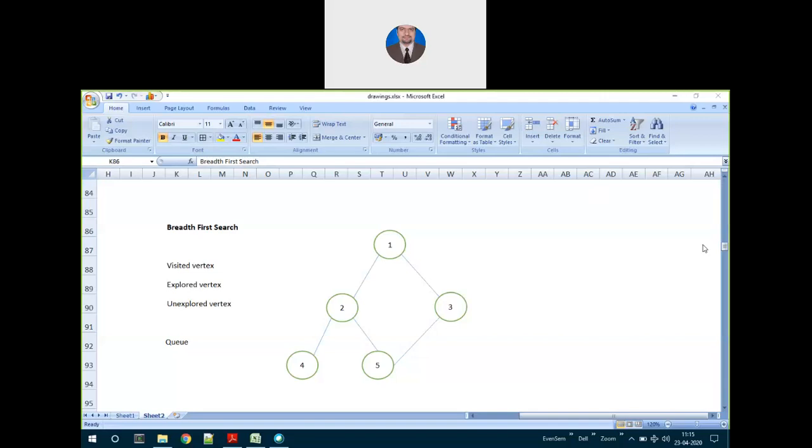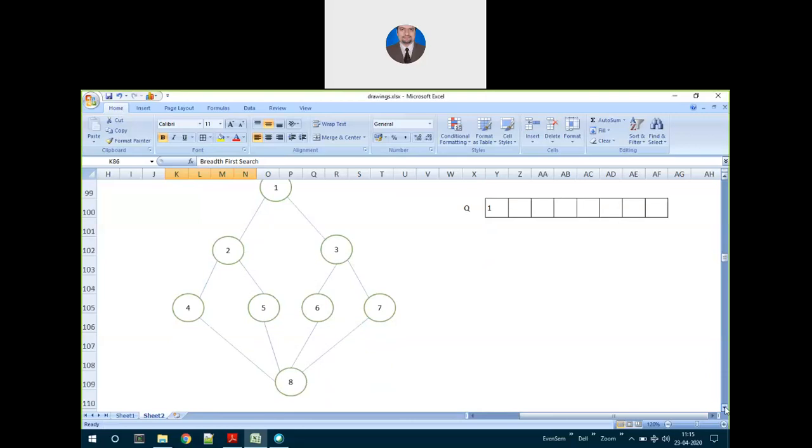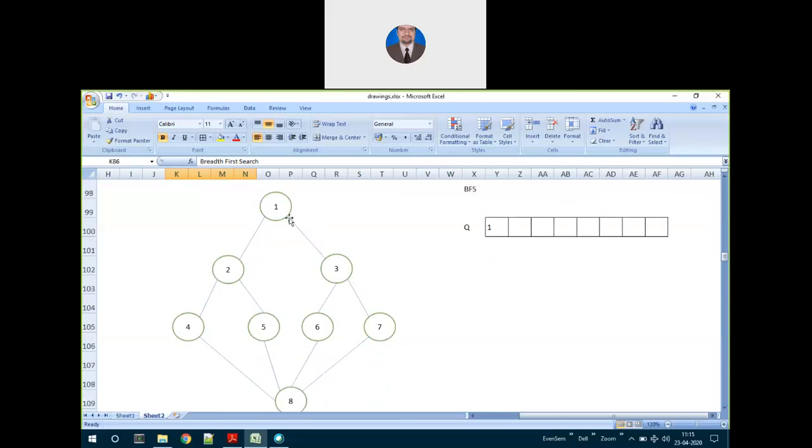Okay, now in order to understand what breadth first search is, there are certain steps that we need to take care of. Let me explain those things with a diagram here. Let us take this particular graph, wherein we have these many vertices and the associated edges. What we need to do here is find out the BFS, that is, breadth first search.